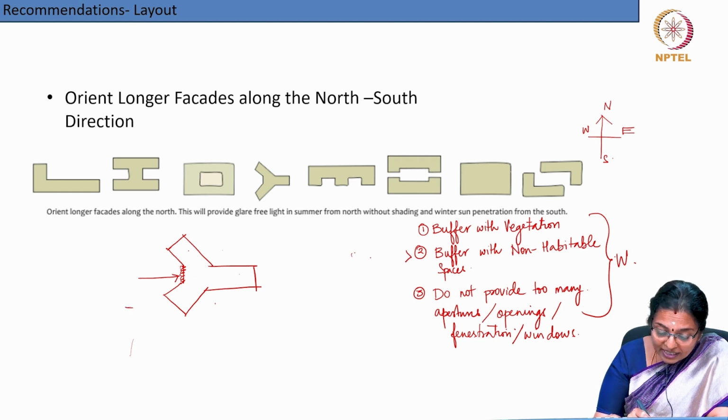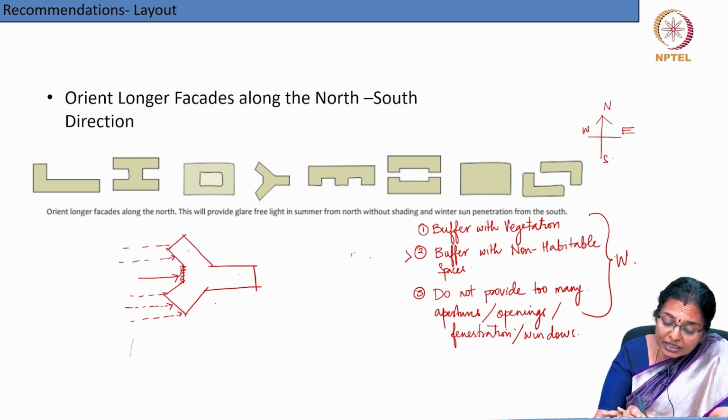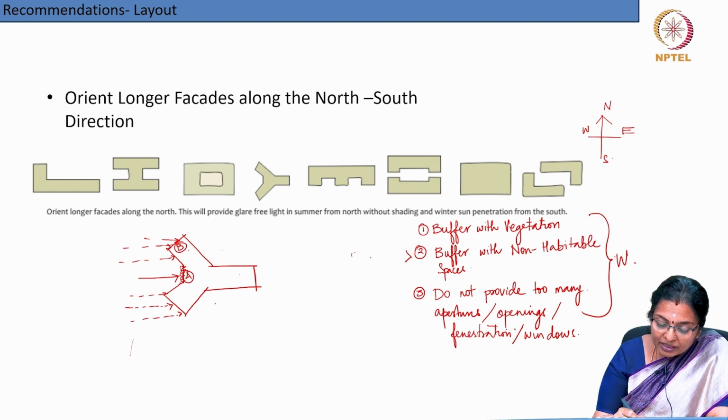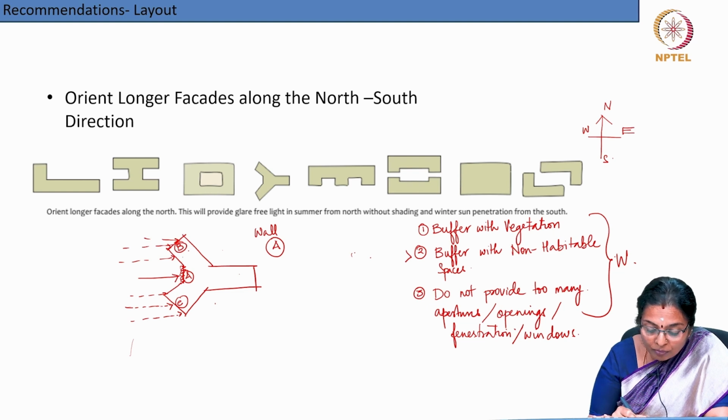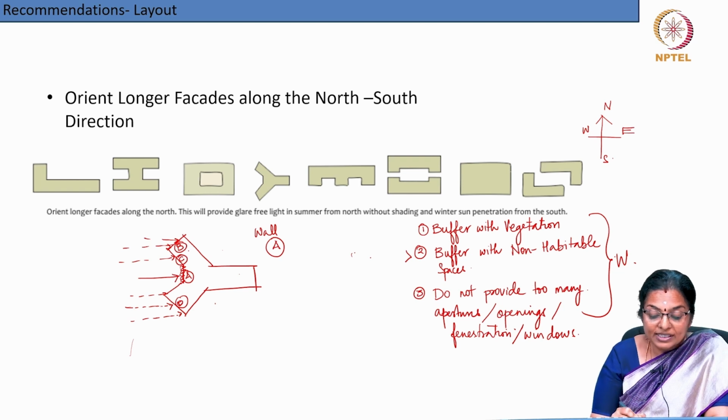In all these other areas, it will not be direct incident solar radiation, and hence its intensity will be much lesser compared to that which falls on wall A. So, wall A is your only area of larger concern and not wall B or C. B or C, direct solar radiation does not fall.